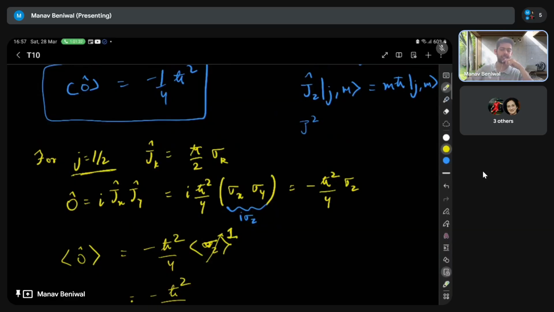It's very easy to find the expectation value of sigma z. Just take the sigma z matrix. You already know the state. What is the state? State is 1 by 2, 1 by 2. You know this matrix sigma z, and then just do the matrix multiplication. You will get 1.